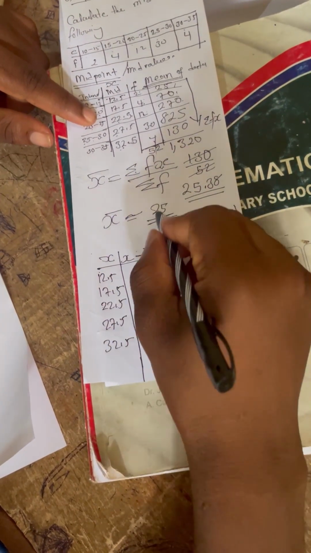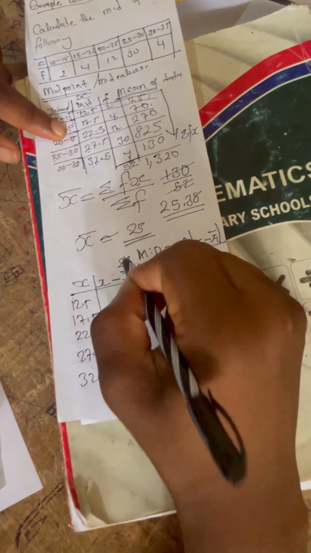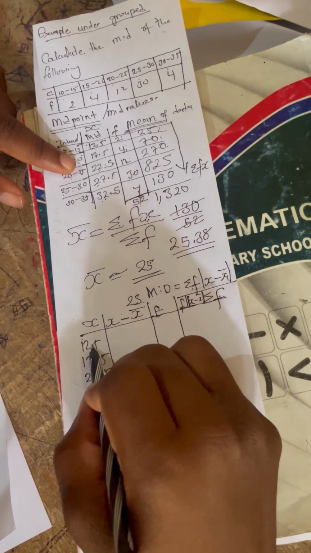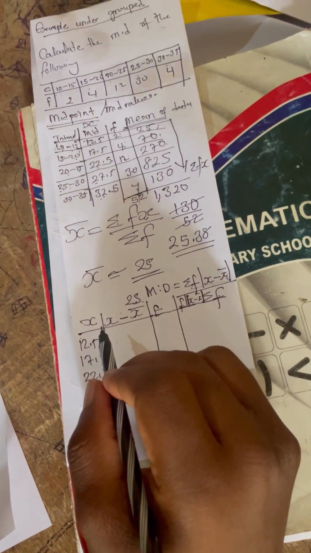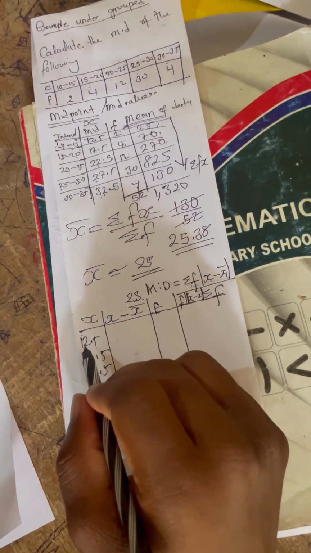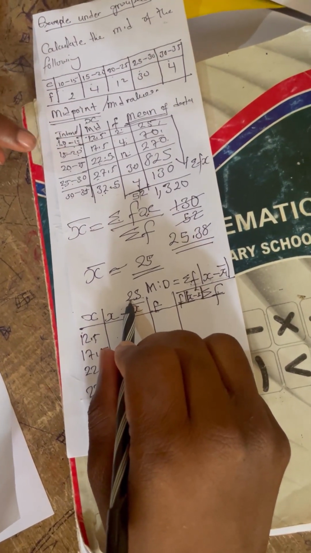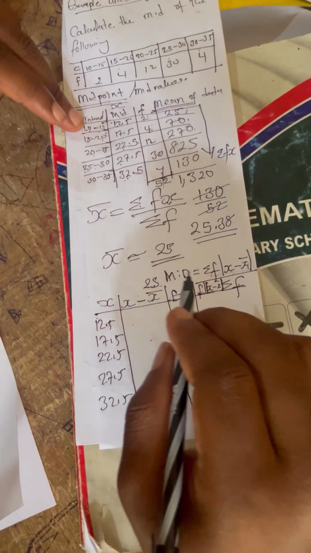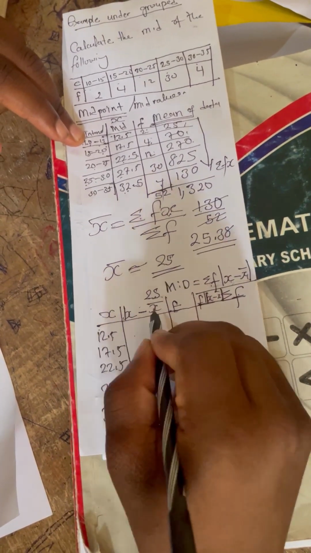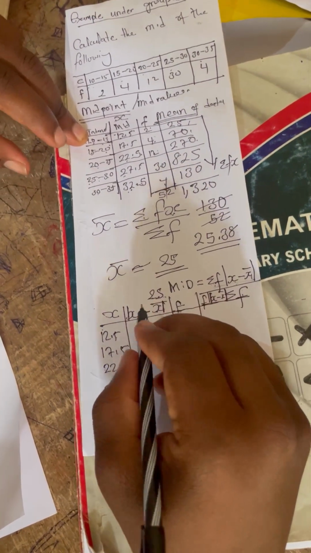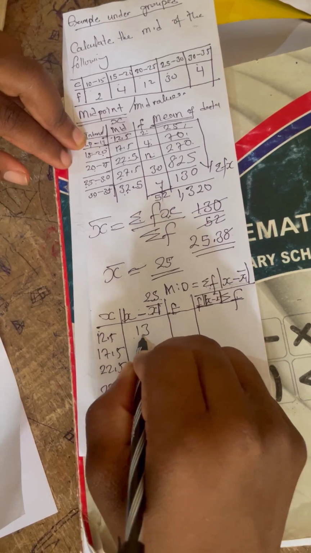Now, what are we going to do? We subtract from our mean. The mean is 25. So we subtract this 25 from this one. When we have negative, we don't write it. 12.5 minus 25, we have negative 12.5, but it is absolute value. That's why these lines are here, absolute value. So therefore, we write only 12.5.